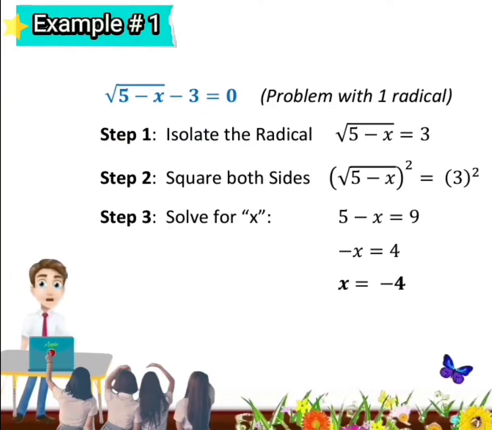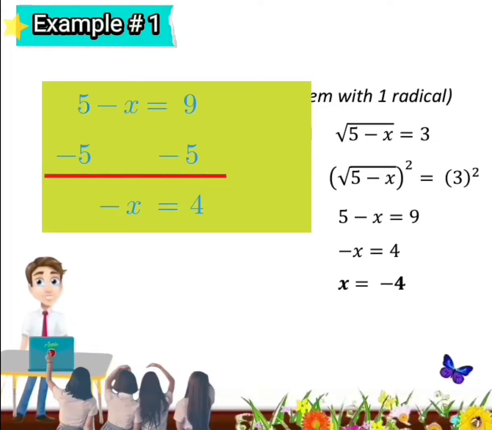We're going to square both sides upang sa ganon maaalis natin yung radical sign. And then after removing the radical sign in the left side, we are now ready to solve for x. To solve for x, of course, we are going to isolate the negative x in the left side and move all the constant term in the right side.